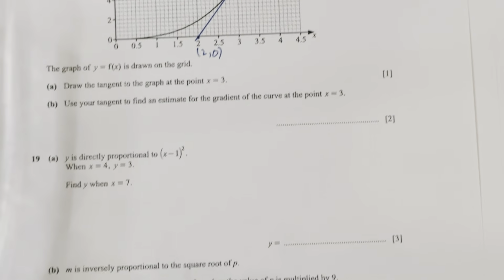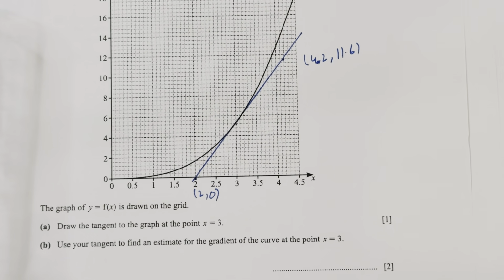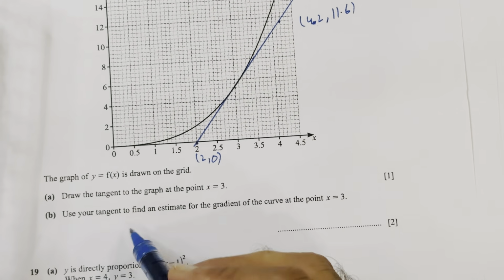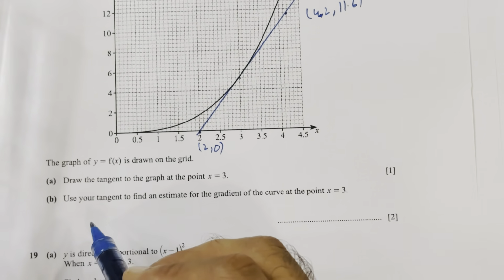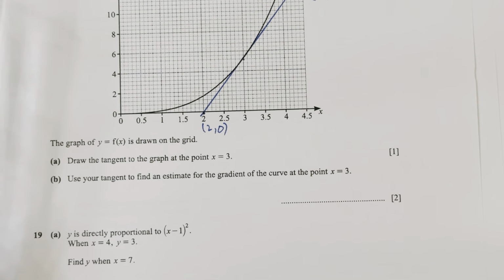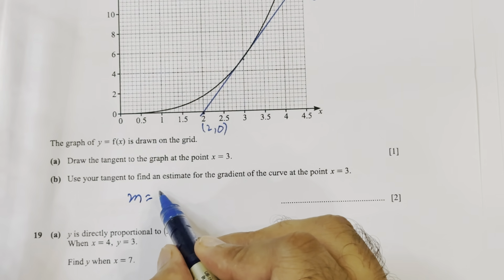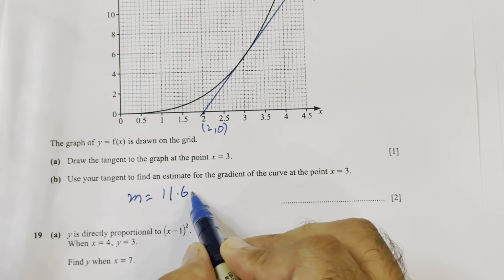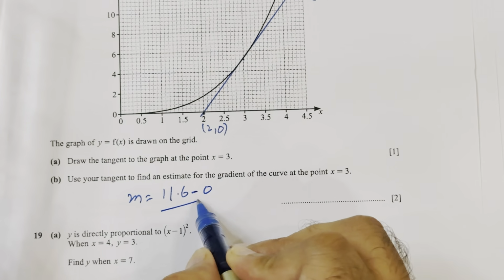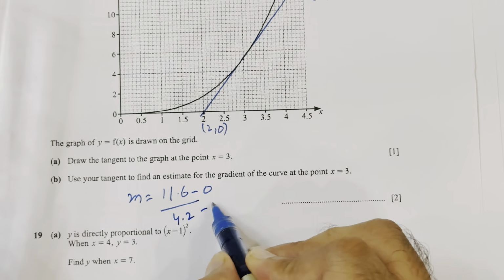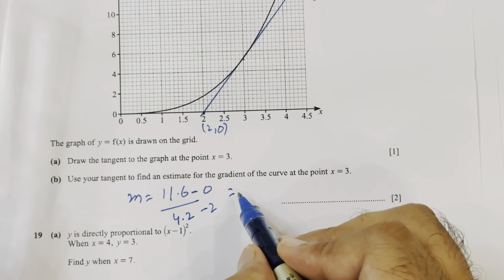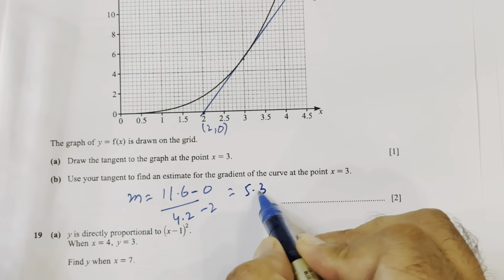So you need to calculate the gradient from these points 4.2, 11.6 and 2, 0. M is equal to y2 minus y1 over x2 minus x1, 11.6 minus 0, then 4.2 minus 2, you get the value that is equal to 5.3.